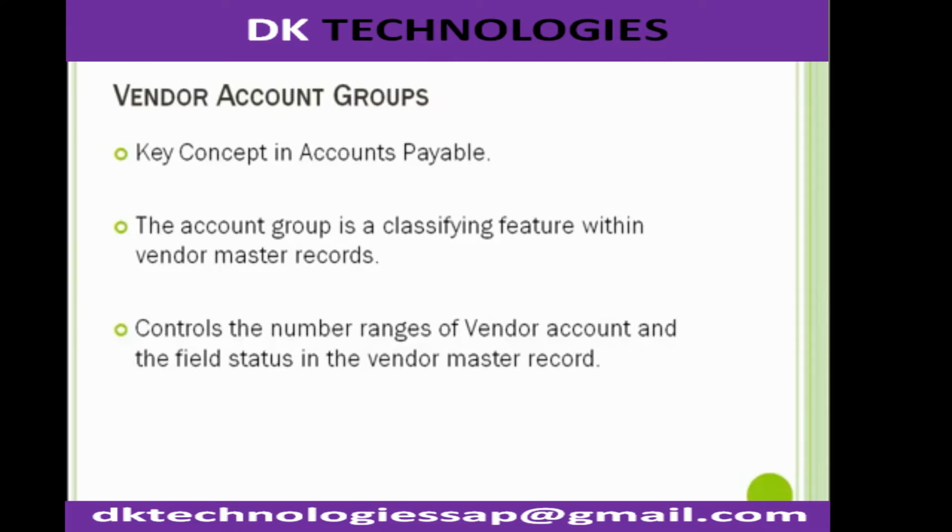When you do the implementation or configuration for the AP module in any client, you first group your vendors in that particular organization into different groups, because you could be providing services or selling goods to a number of different groups. Like there could be a domestic group, a retail vendor group, a wholesale vendor group, or a service vendor group. So in whatever way you want to manage your vendors, accordingly you make those groups.